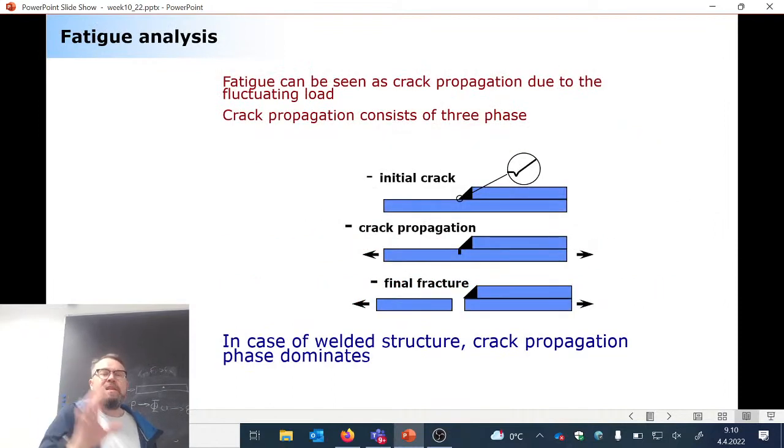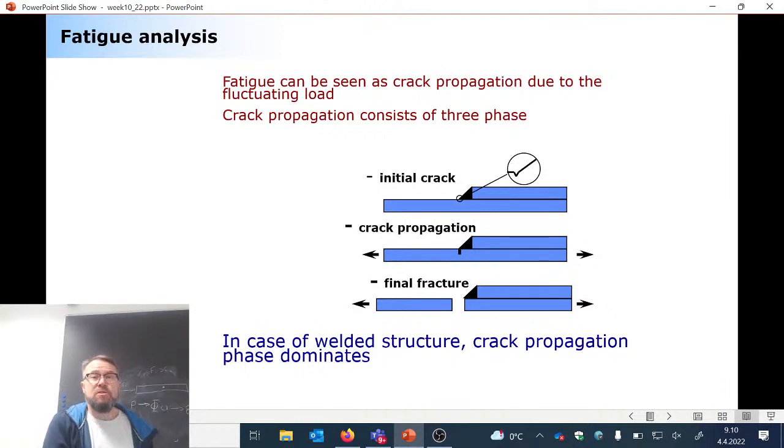All right, now fatigue in a welded structure is different from a non-welded structure, and there are actually two reasons. The first big reason is that whenever you're welding components together, the welding process itself will introduce initial cracks to your structure. This sounds unlikely, because if the machine is brand new, there are no cracks, and you don't see the cracks.